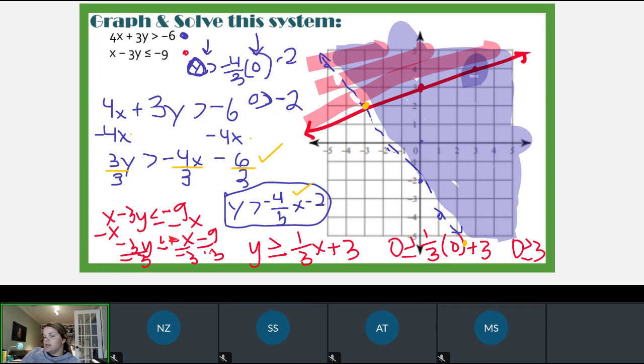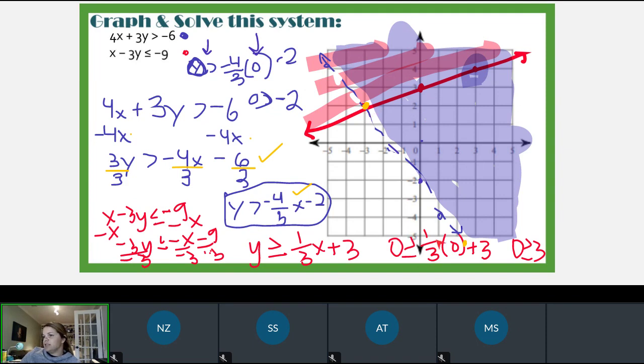So I got y is now greater than or equal to negative 1x divided by negative 3. A negative divided by a negative becomes positive, so positive 1/3 x. And then negative 9 divided by negative 3 becomes positive 3. So positive 1/3 x plus 3. So I put my y-intercept at 3. I used my slope, which was up 1 to the right 3, or down 1, left 3.